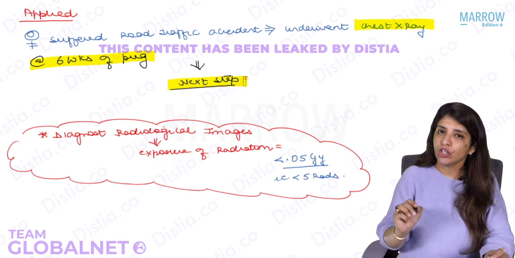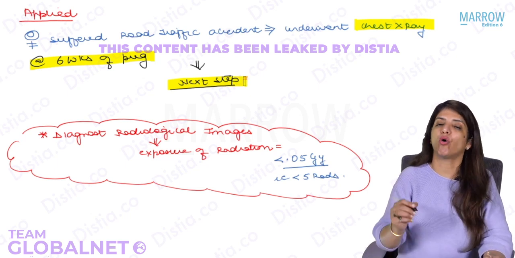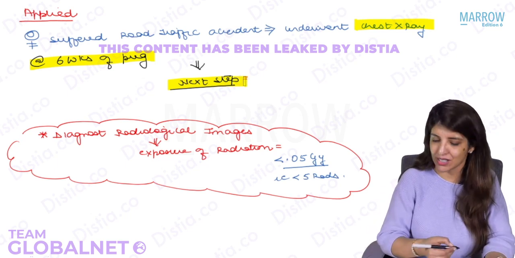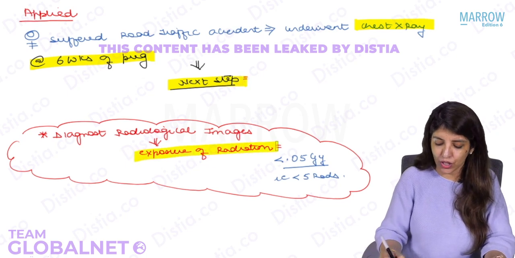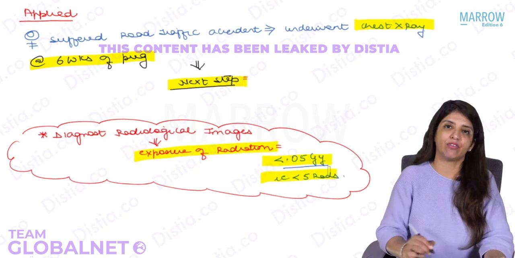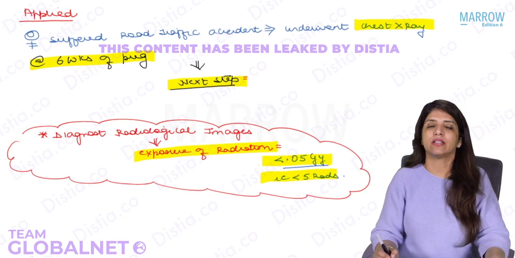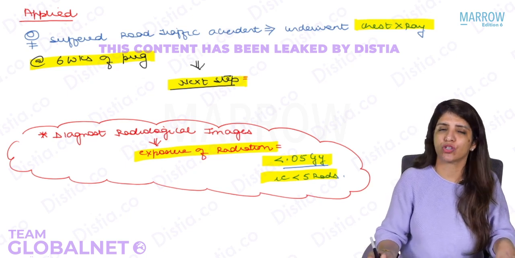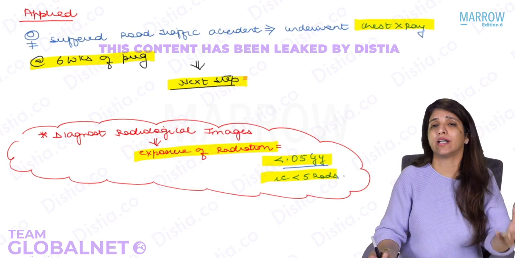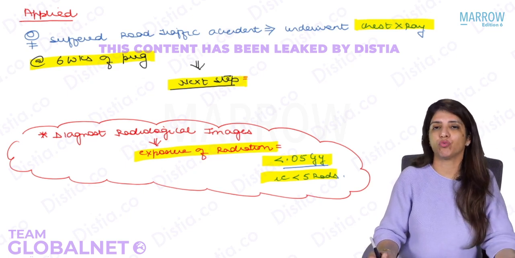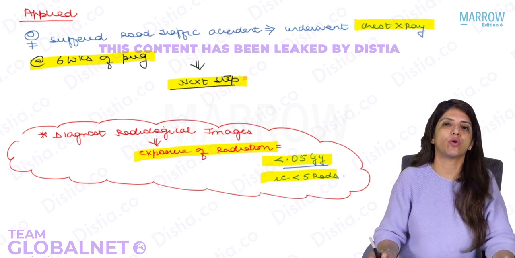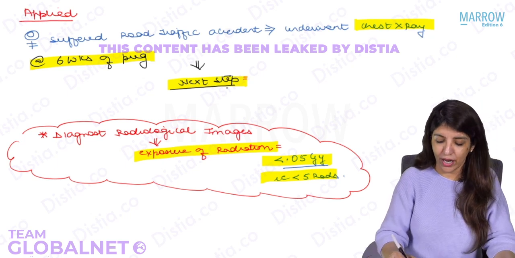Right? And when you perform a single chest x-ray, or even 2 or 3 chest x-rays, the exposure is less than 5 rads. So if by chance you did a chest x-ray or 2 x-rays, or a dental x-ray and the patient was pregnant, that doesn't mean you are going to terminate her pregnancy. So the next step is to continue the pregnancy.